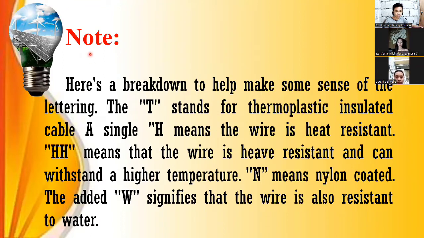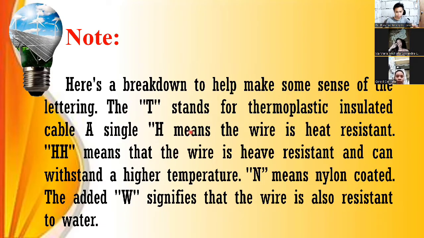So note po is, here's a breakdown to help make sense of the lettering. The T stands for thermoplastic insulated cable, and H is single, meaning the wire is heat resistant, or HH means the wire is heavy heat resistant. So kapag H daw, ang ibig sabihin nun, ang wire pwede siya sa mainit.